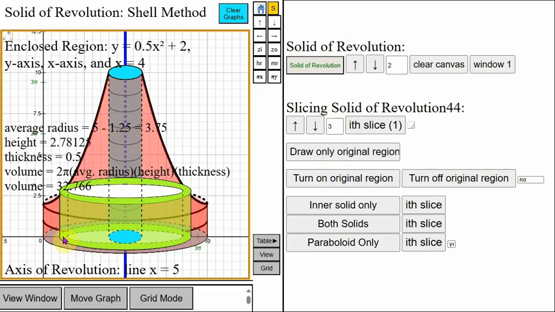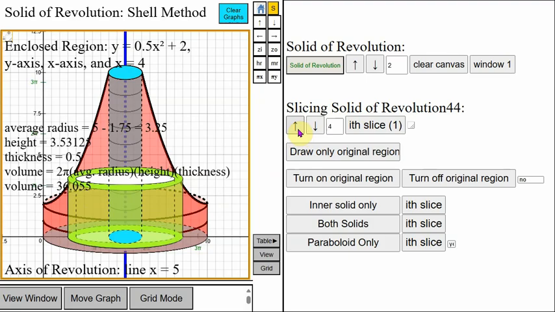To get the height for this shell, in the place of x here, we would put 1.25. And then that will give us 2.78125. Thickness again is 0.5. So the volume for shell number 3 is 32.766. And then here's shell number 4.